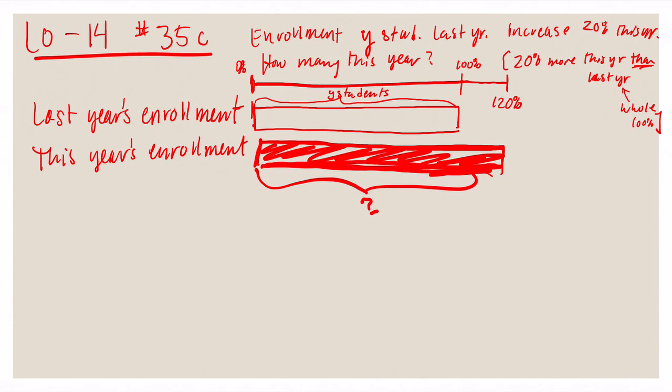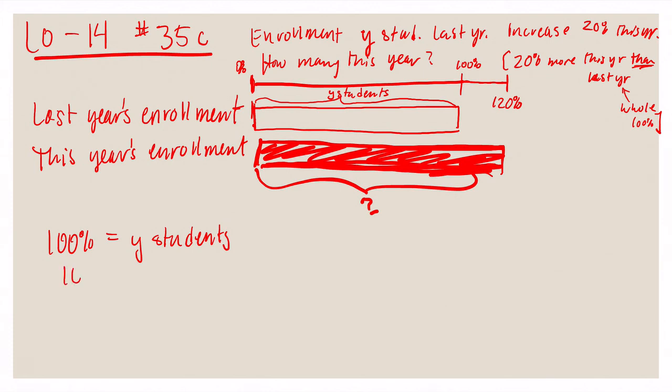The number of students last year was 100% and 100% is Y. So we have 100% corresponds with Y students. Now, all we know is that the increase became 20%. So if we find out how many students 120% is, we'll break down our 100% and build up to 120.